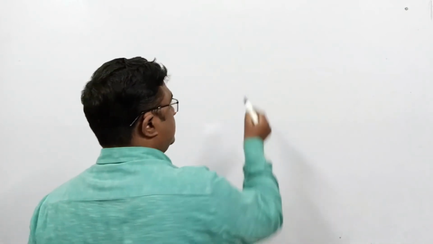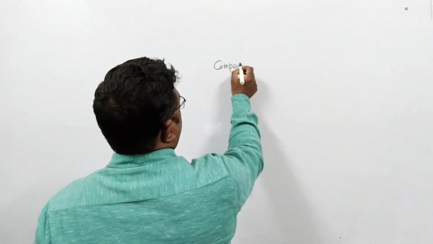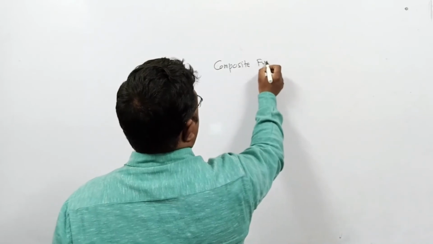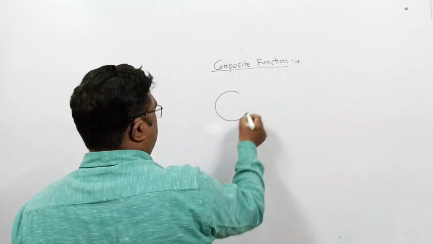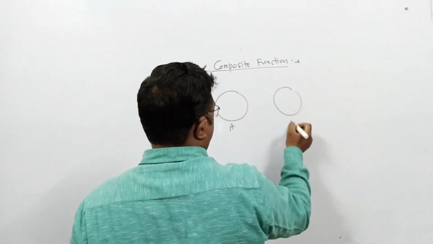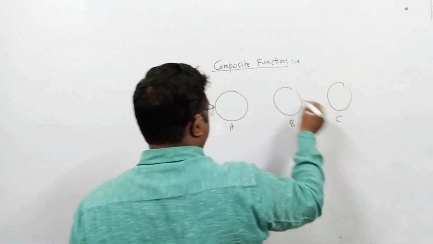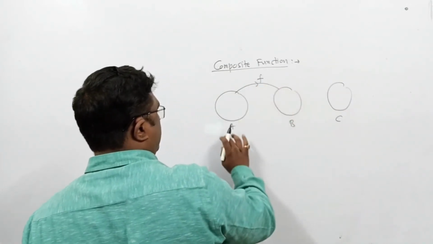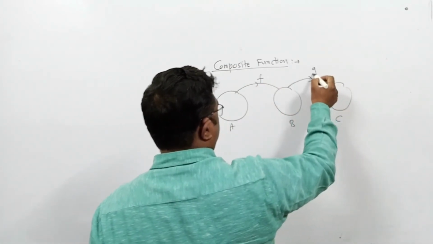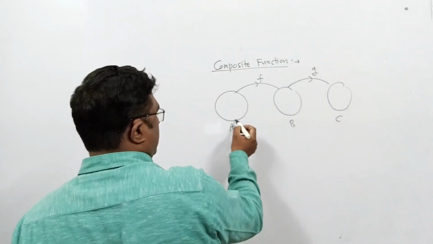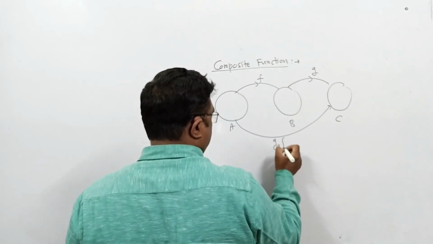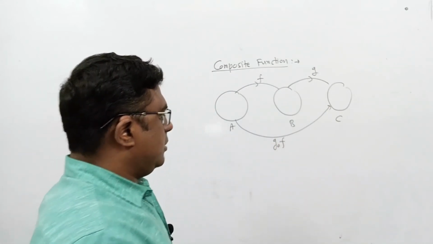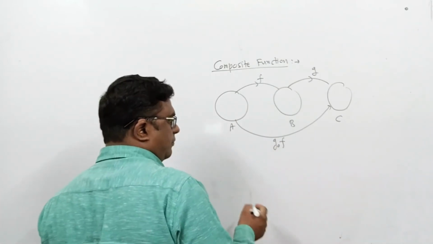Now let us come to the topic composite function. It's a very easy topic. Suppose it is set A, it is set B, and it is set C. f is a function from set A to set B, and g is a function from set B to C. Then the direct function from A to C is called the composite function of f and g, and it is denoted by gof.